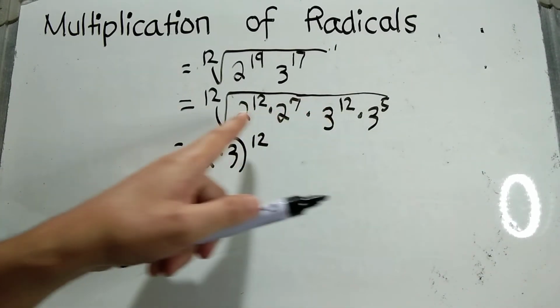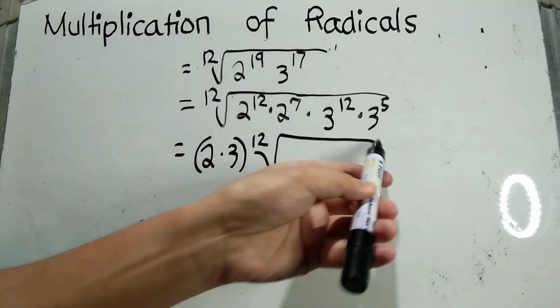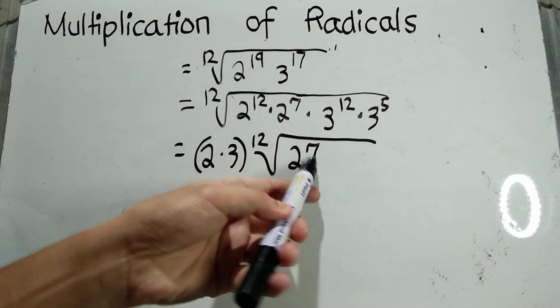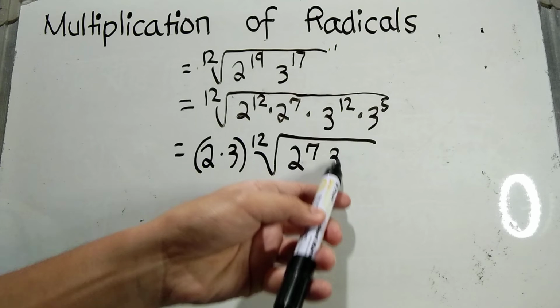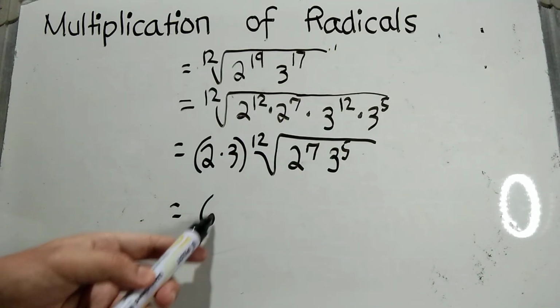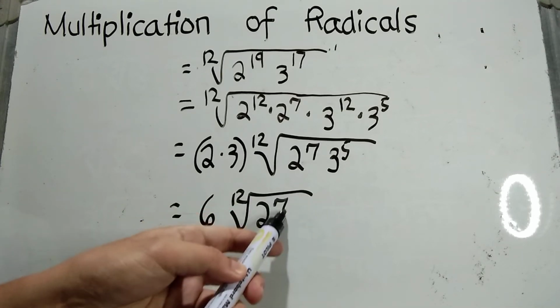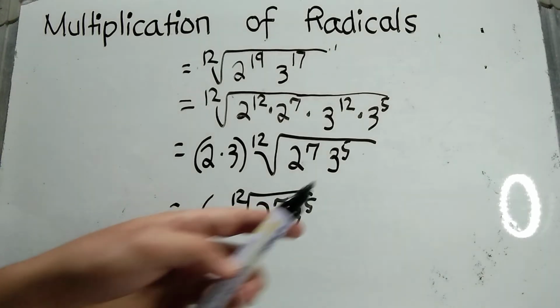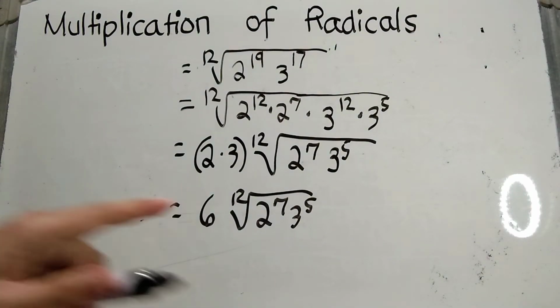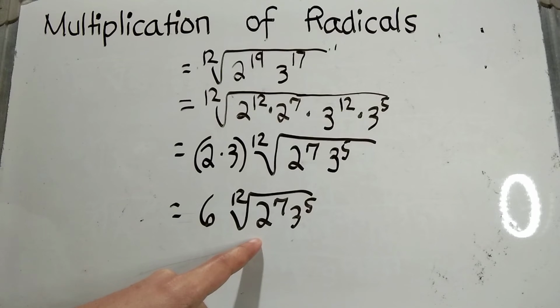And so what's left is our base 2 and 3. So this is now 12 root of 2 raised to the power of 7, the remaining one, and then 3 raised to the power of 5. And so simplify 2 times 3, it's 6 12th root of 2 raised to the power of 7 and 3 raised to the power of 5. So we are satisfying our goal that your index must be greater than the exponent of your radicand.